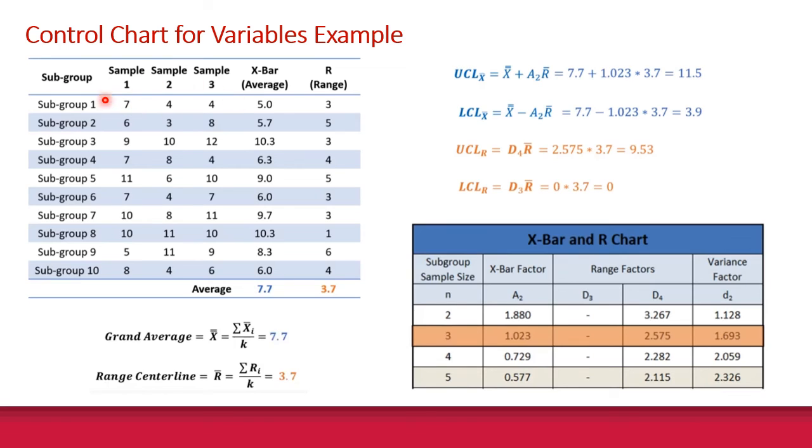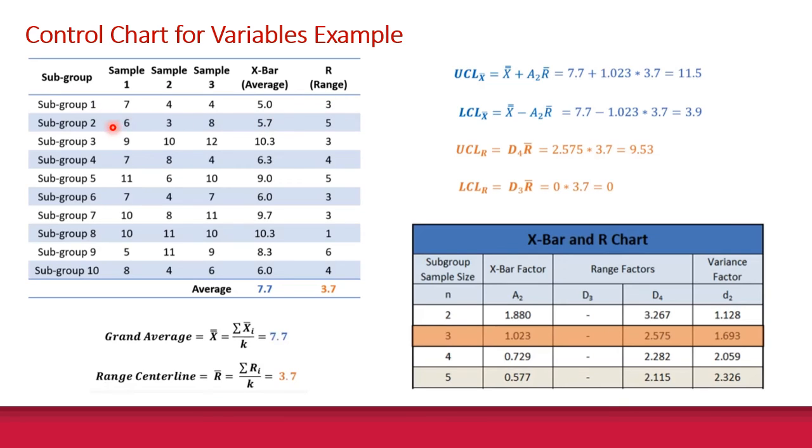So we take three tires, let's say. And so we get the X bar average. We have 7 plus 4 is 11, plus 4 is 15, divided by 3 is 5. That gets our X bar average. The range value simply is the biggest number minus the smallest number, so that's 3 in this case.